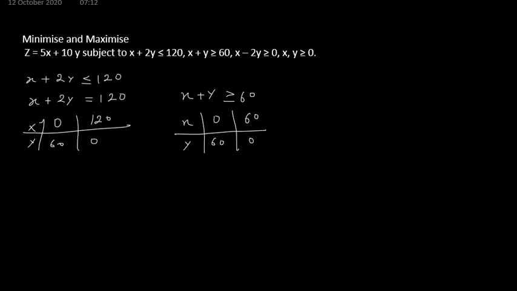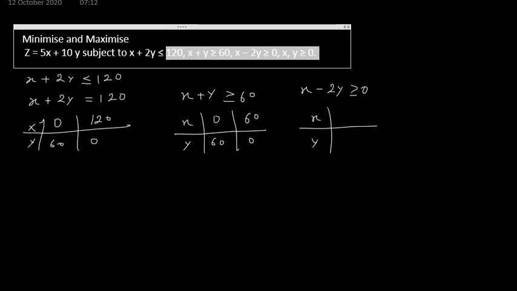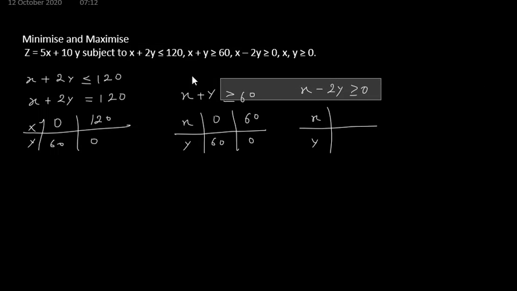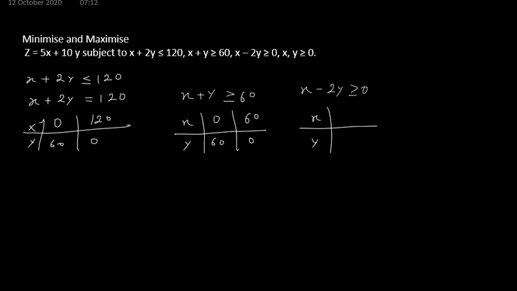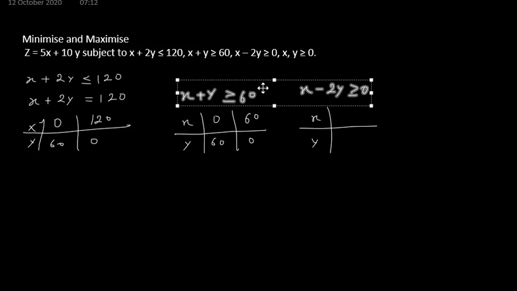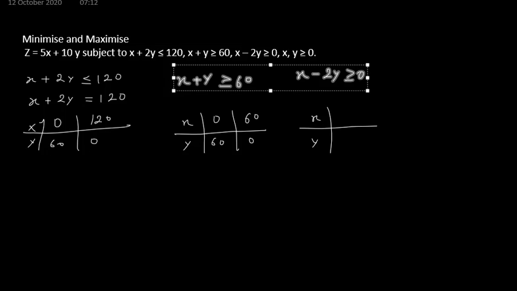And third, we have x minus 2y is greater than or equal to 0. So here again x and y. So when I take x as 60, okay, so for this inequation we have to write equation also. So for these two inequations, let us move them slightly up.